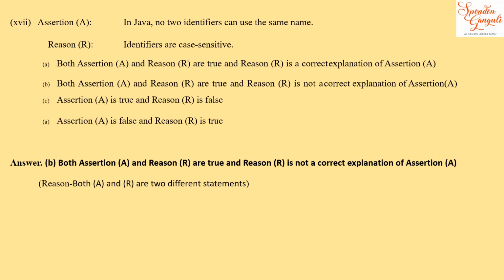The answer is both A and R are true, but R is not the correct explanation of A. The reason is that assertion and reason are two different statements here.